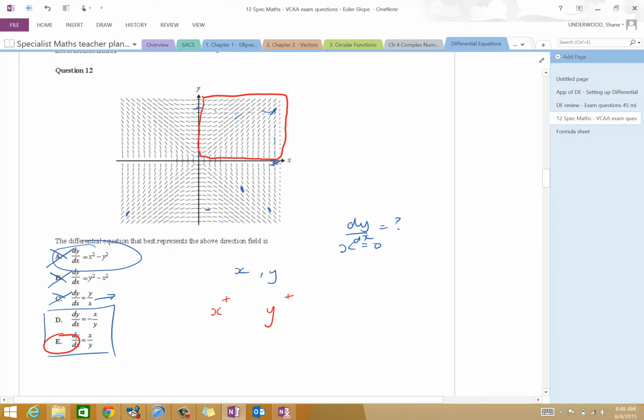Okay. Now, can I just say this? I think that the easiest way, there are some which are tricky when you want to determine whether it's got x and y in it, you have to have a look with changing values of x. Are the slopes changing? Yes, they are. With changing values of y, are the slopes changing?